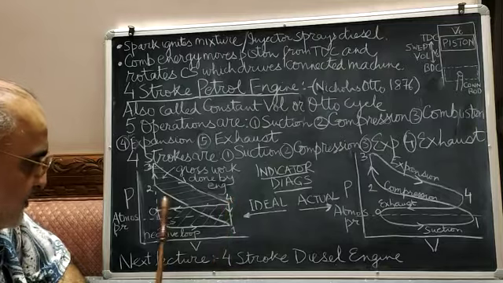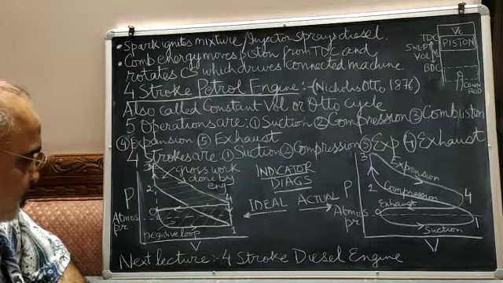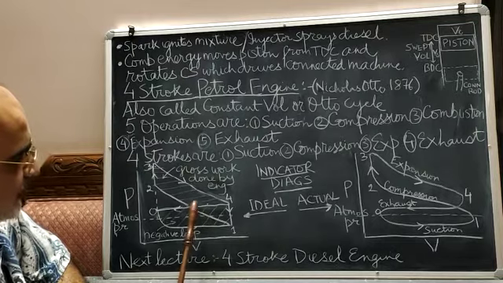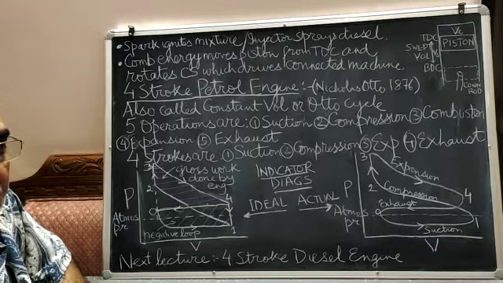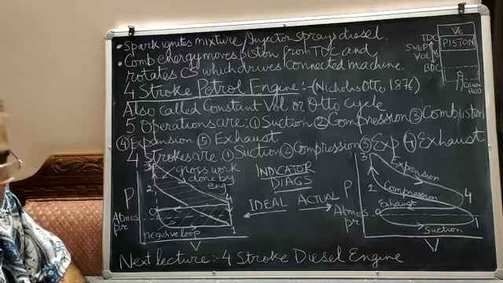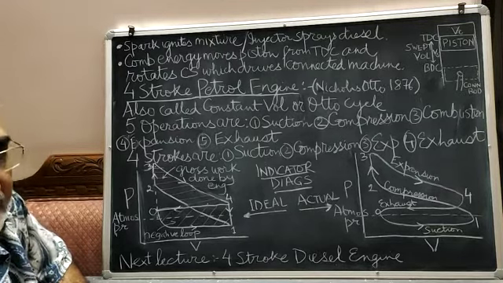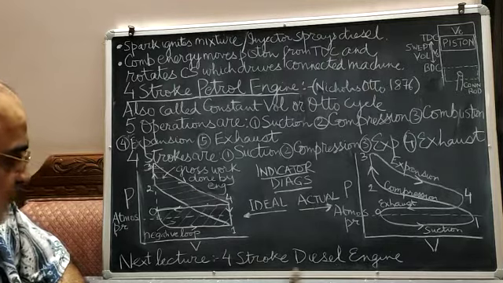From 4 to 0, this is the exhaust stroke. It will always be above atmospheric because the port is again small and within that short span, probably all the gases are generally not released.